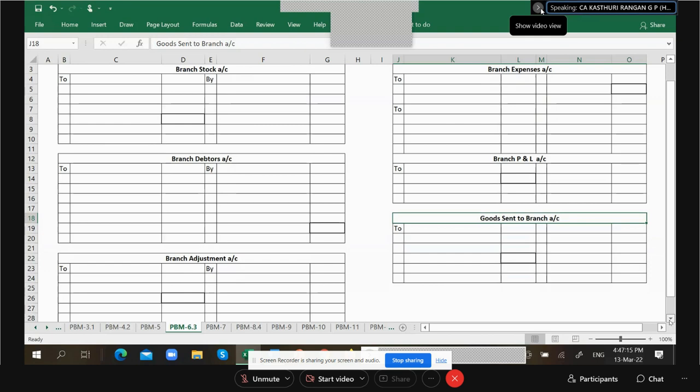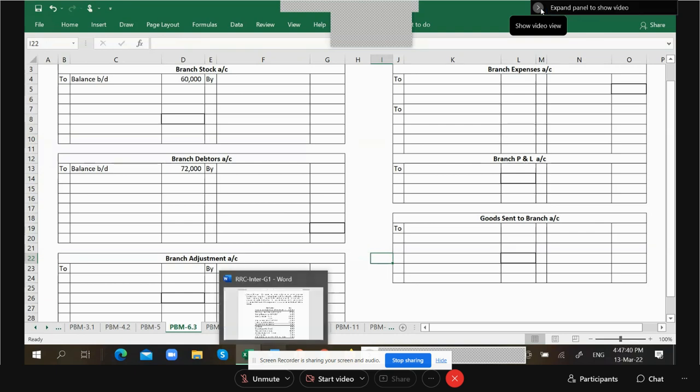So friends, we are ready, right? What we should do? Opening stock is given in the problem. To balance, branch stock. What is the balance? 60,000. Opening debtor is also given in the problem. 72,000. Whether closing stock is given in the problem?